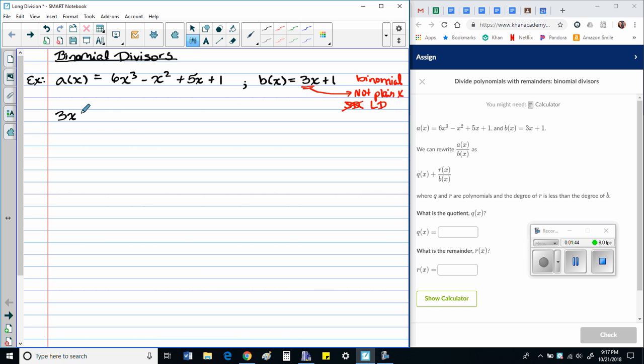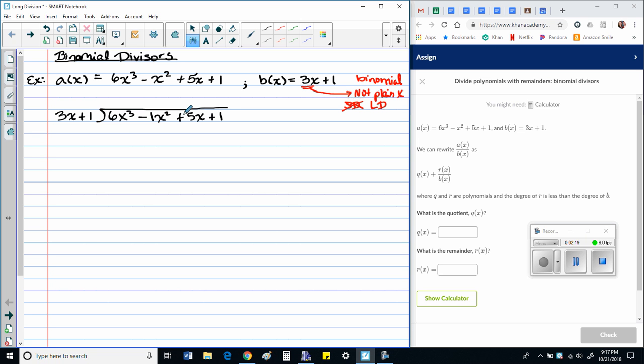I'm going to put 3x plus 1, and then I'm going to do the long division symbol, and then I'm going to write these out just like I always do, but I'm going to write the whole thing, not just the coefficients. 6x cubed minus, I'm going to write the 1 in front of it just because I think that helps us, 1x squared plus 5x plus 1. Now let's check that everybody's there. So we've got 3, 2, 1, constant. So just like we did with synthetic division.